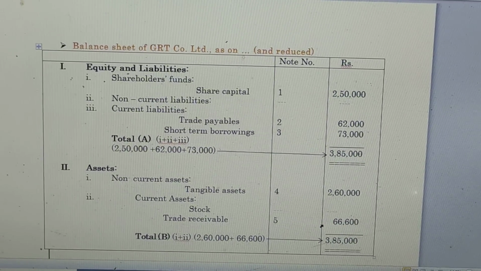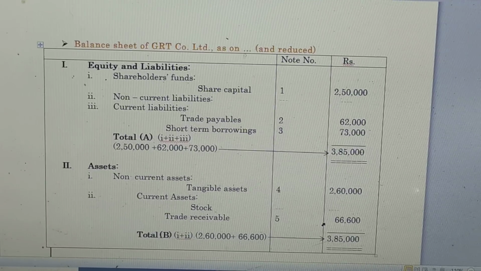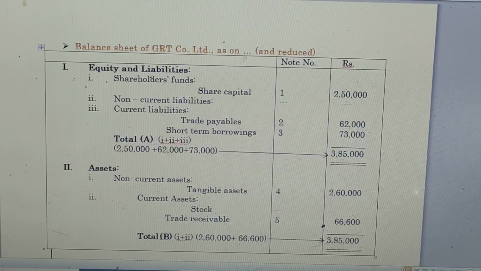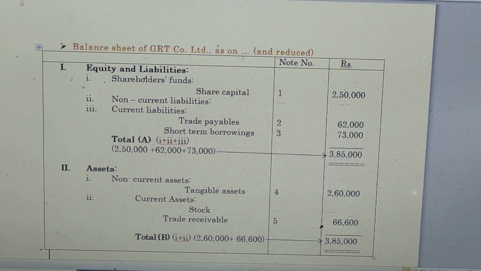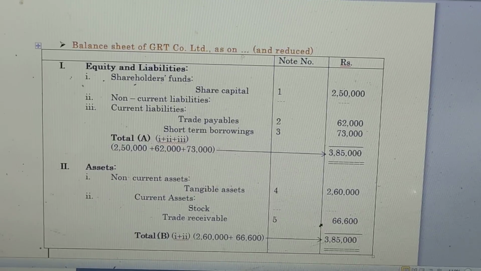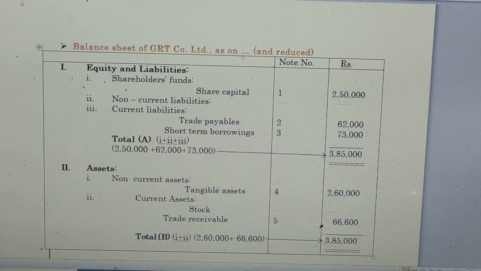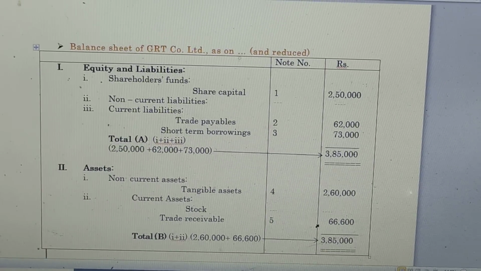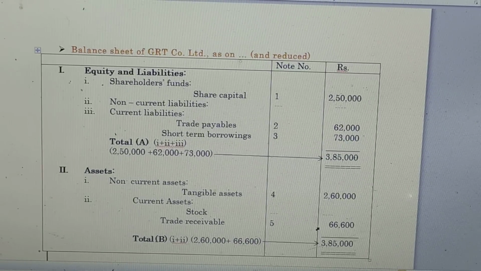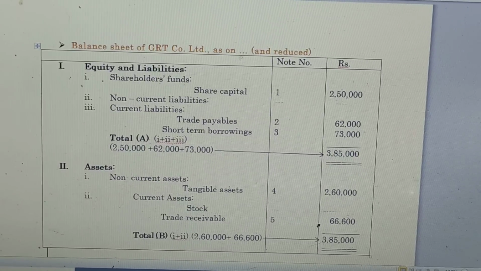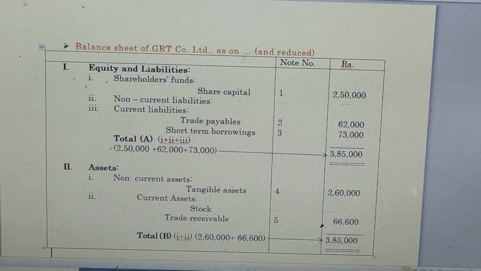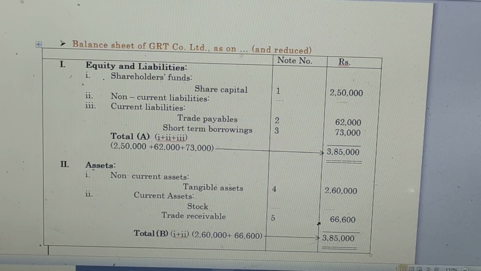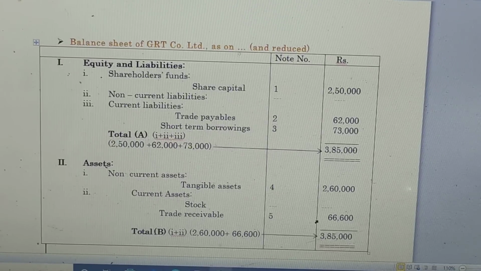And short-term borrowings is note number 3's heading. So 3 will be mentioned in the note number column. Note number 3's total is 73,000. So the total equity and liabilities are 3,85,000. It means 2,50,000 plus 62,000 plus 73,000.